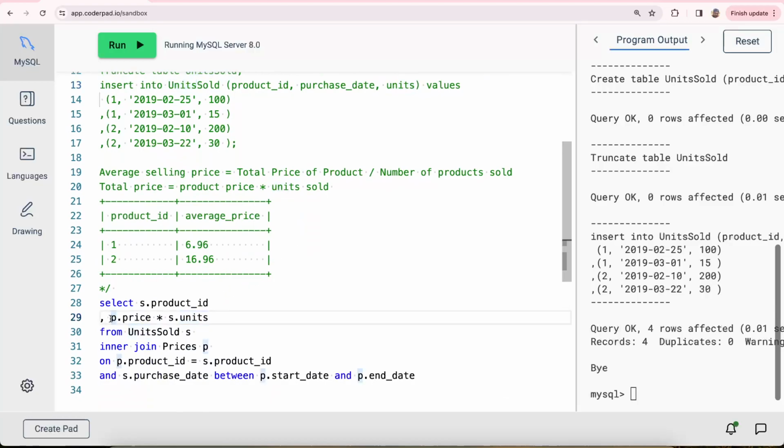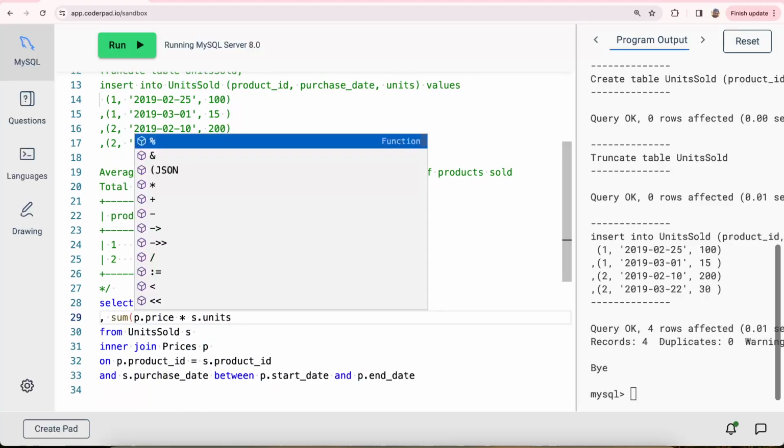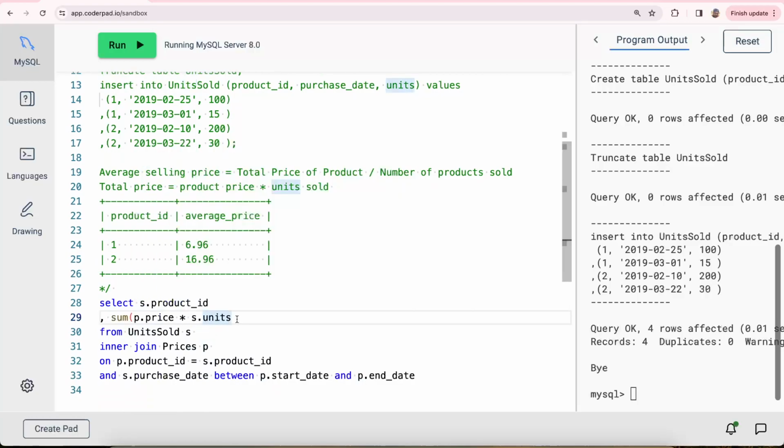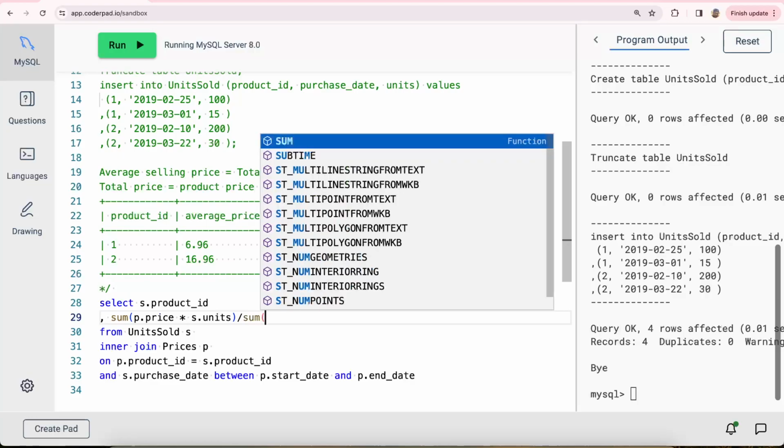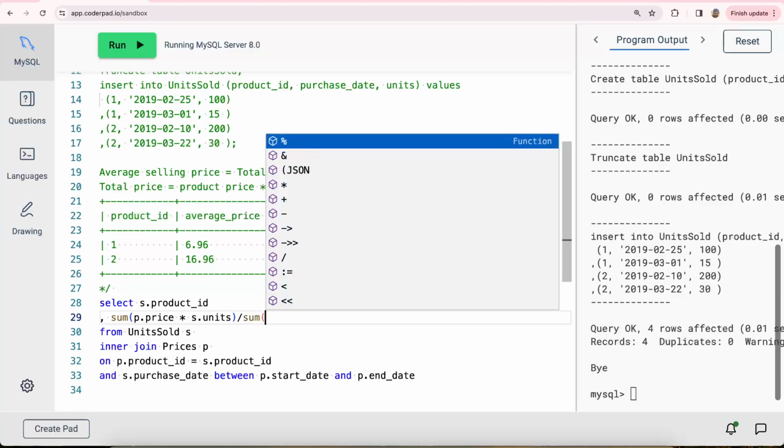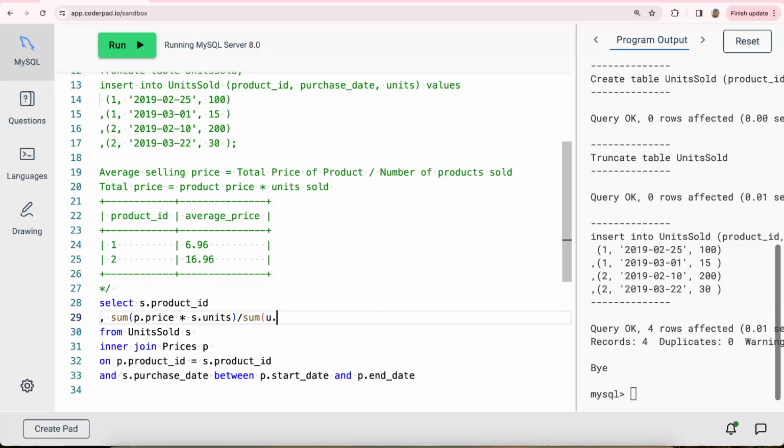So we say the sum of the units and the price, divided by the total units. So we are doing units times the price to get the total price, and then you get the total units.